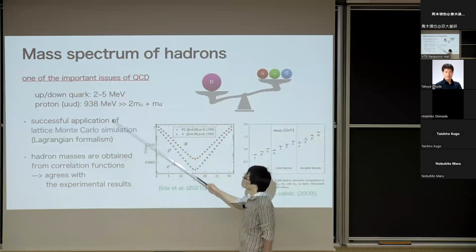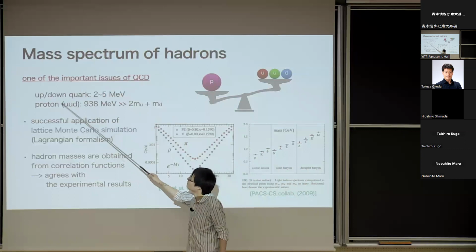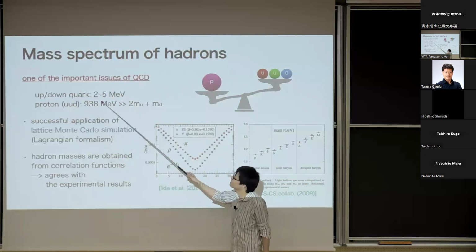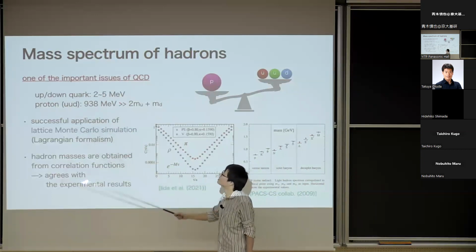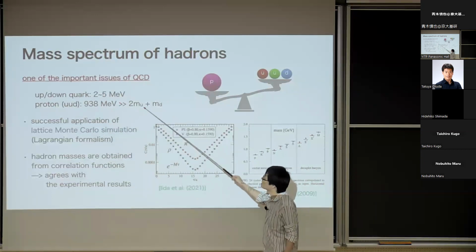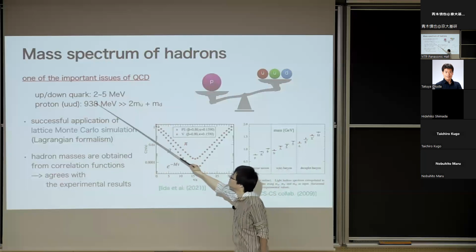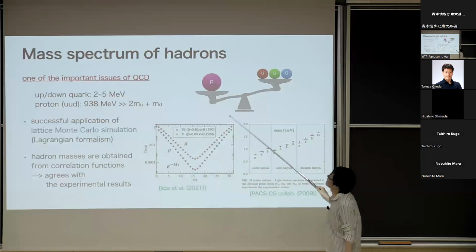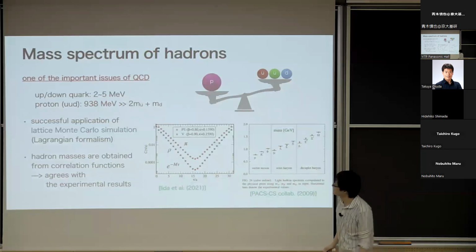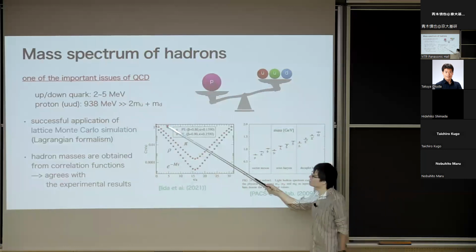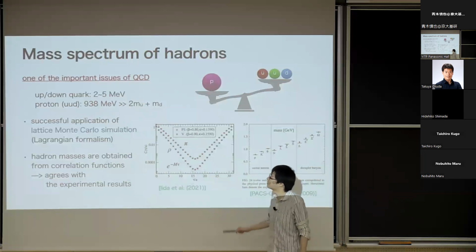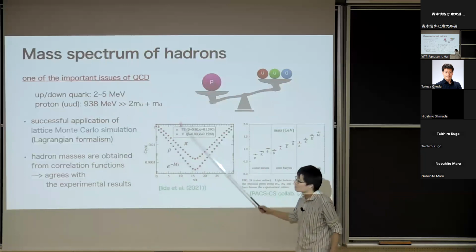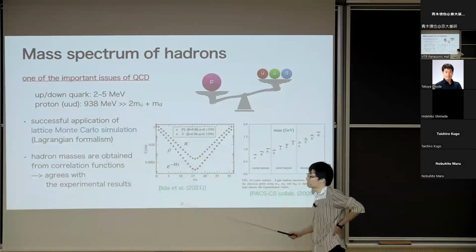On the other hand, the composite particle made of up, down, that is the proton, has a mass of more than 900 MeV. So it's much larger than just a combination of these masses. So it's like this picture. It is unknown why this kind of behavior is observed. And to investigate this problem, the non-perturbative approach is very essential.